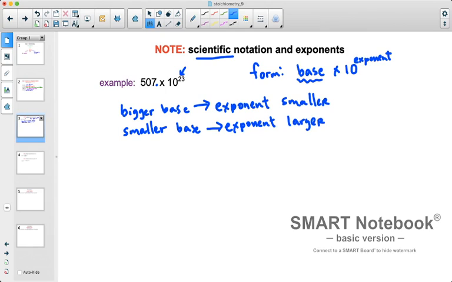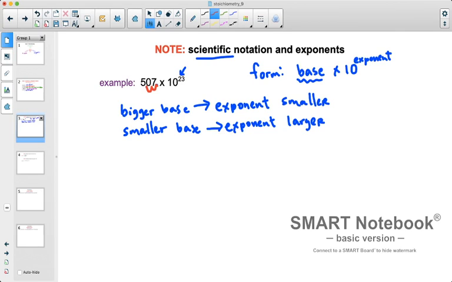All right, so let's take a look at the example I'm given. 507 times 10 to the 23. This imaginary decimal right here after the 7, I need to move to the left because I want a base that's greater than 1 but less than 10. So I'm going to have to move this decimal 2 times.